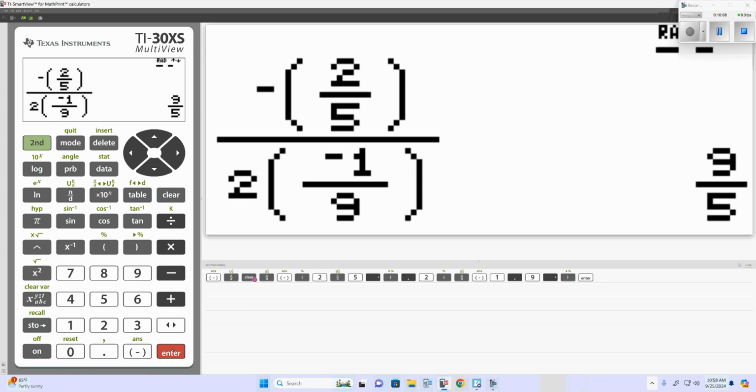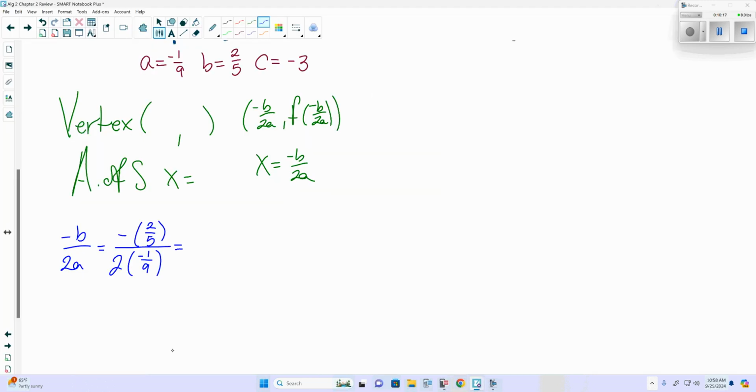So negative our b value over 2 times our a value. Hit enter, let it calculate it for us, and it tells us it's 9/5. So our negative b over 2a is 9/5, which means the x value of the vertex, first value of the vertex is 9/5. The axis of symmetry is x is equal to 9/5.